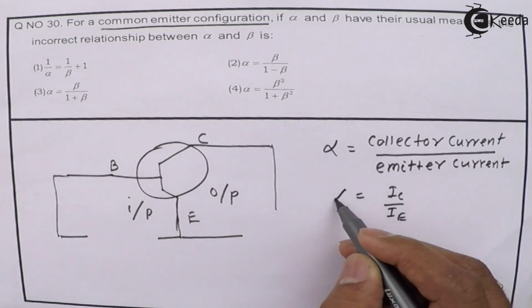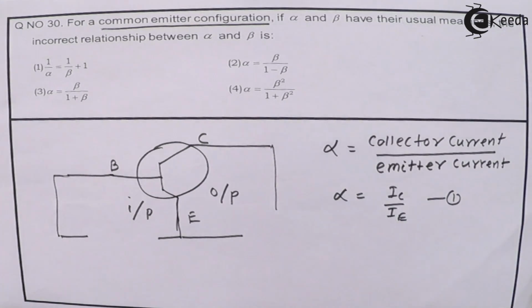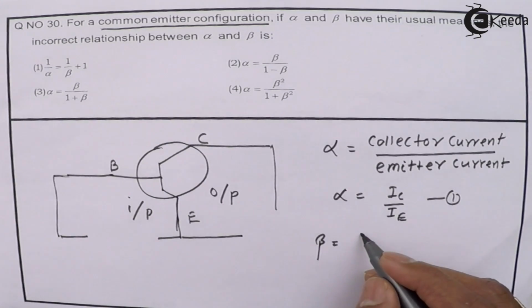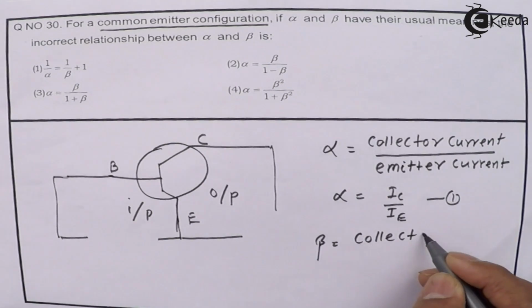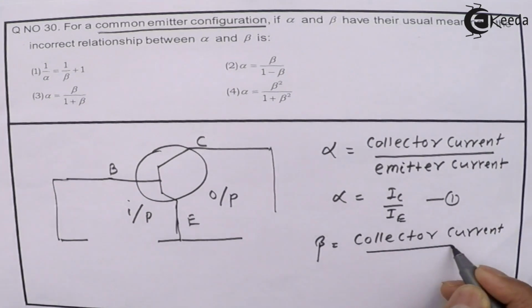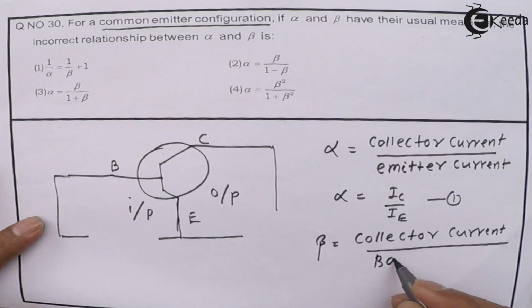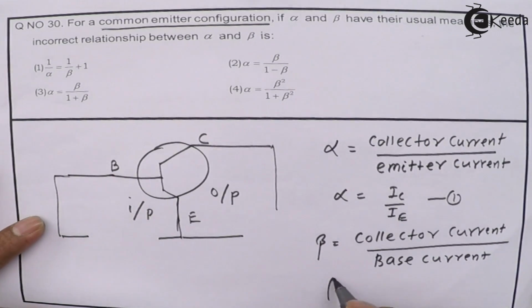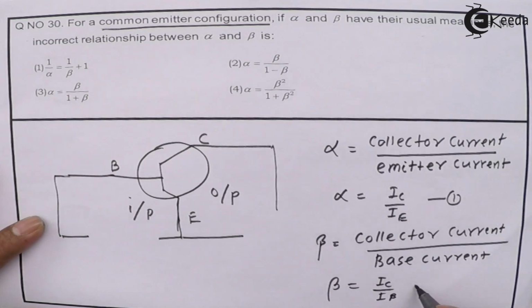This is your alpha. And what is beta? Beta is collector current over base current. That is, beta is IC upon IB.